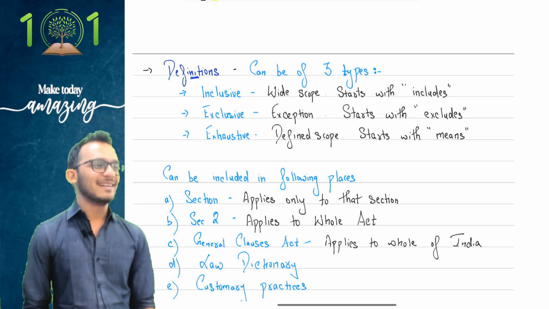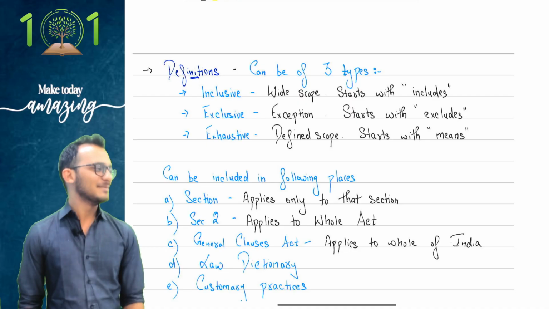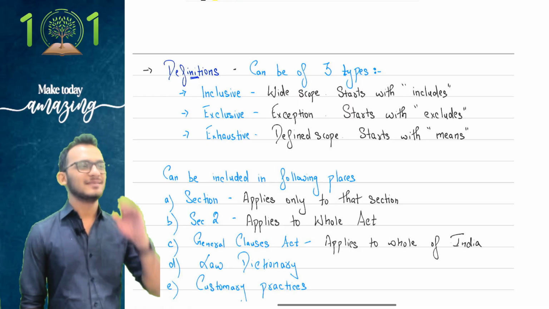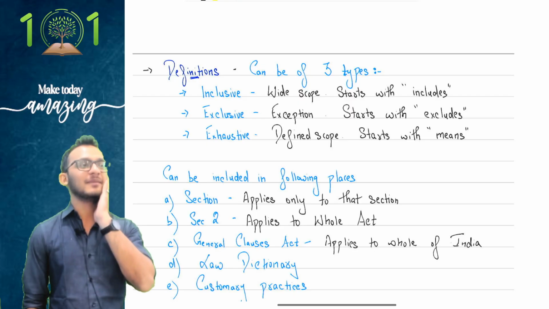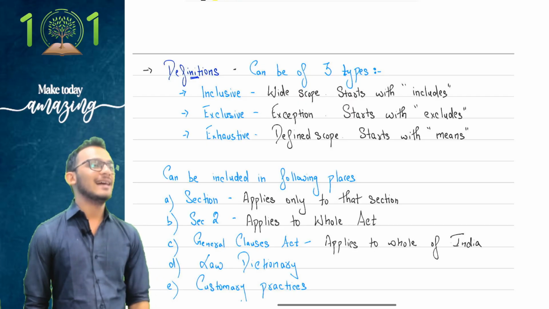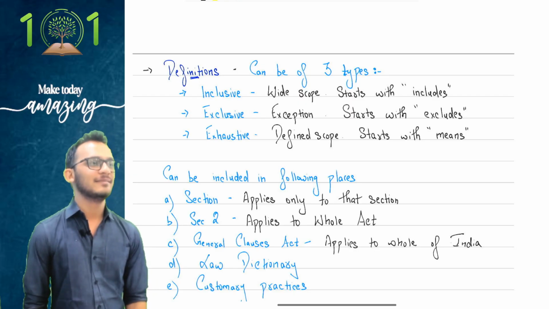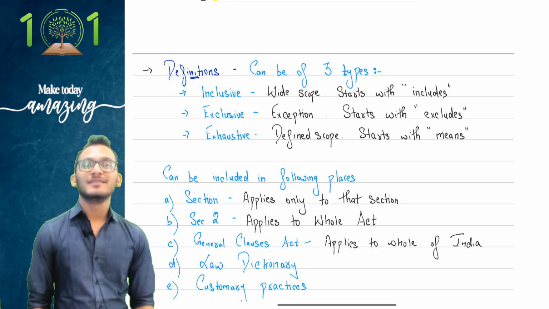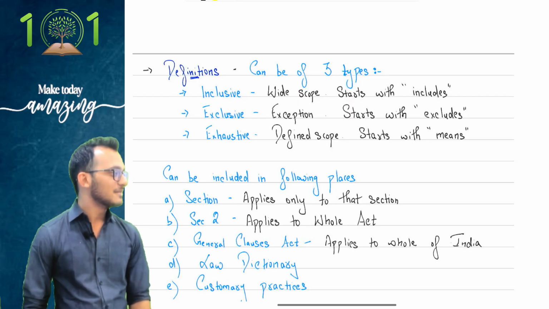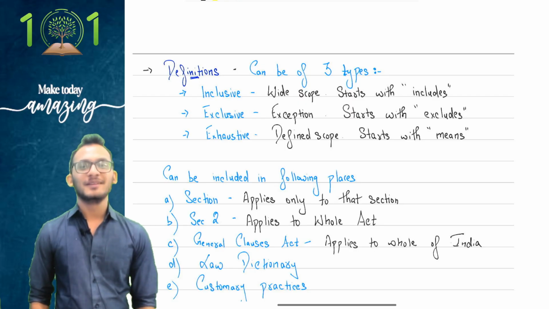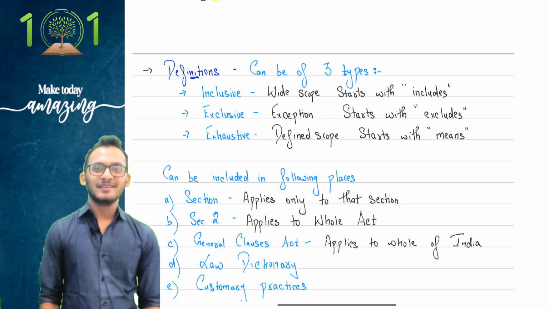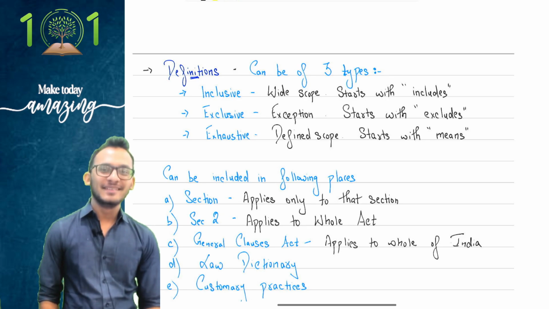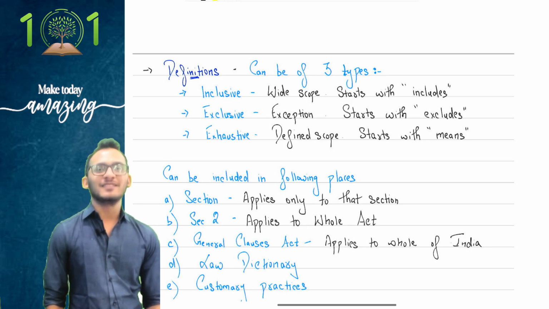Now the foundation is coming back to you. What else have you learned? One by one. Consensus ad idem, basically mutual consent. Very good. Next. Delegatus non potest delegare, you cannot pass on your responsibilities.